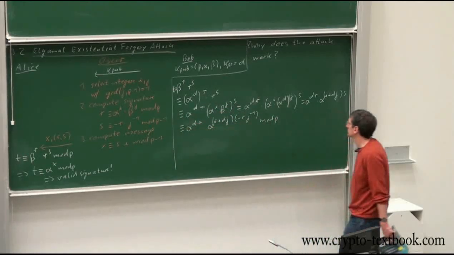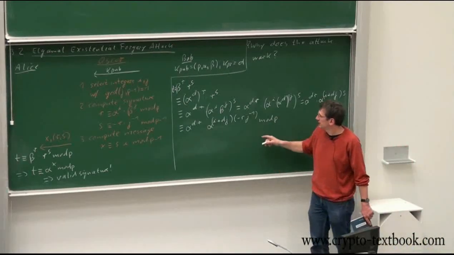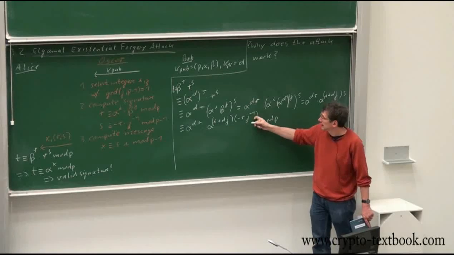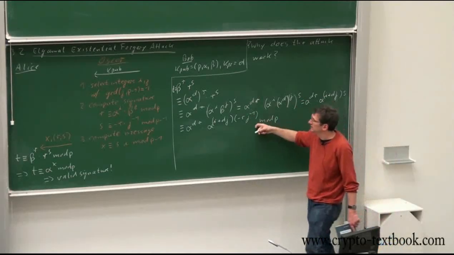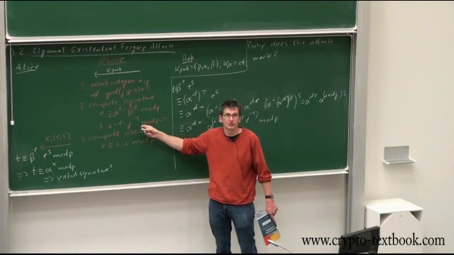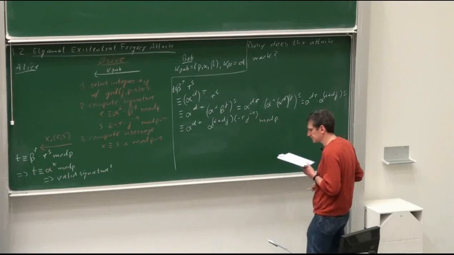with a little Fermat's theorem. Fermat's little theorem says if I do arithmetic in the exponent modulo P, I'm allowed to do exponent arithmetic mod P minus 1. This is what I'm doing here.